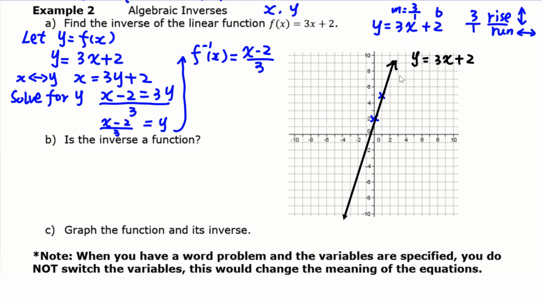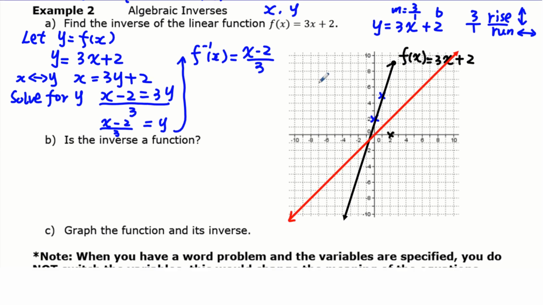So this is your parent function, or you could use a function notation form. It will be easier for you to see which one is the original function and which one is the inverse function. When we graph the function and the inverse function, we want to draw the line y equals x, because function f of x and the inverse of function f of x are symmetric on the line y equals x.